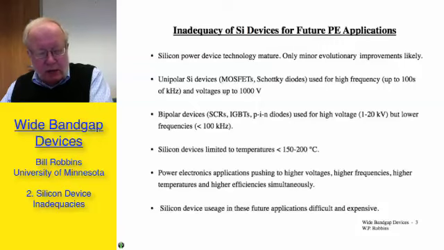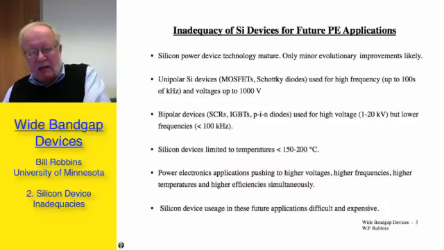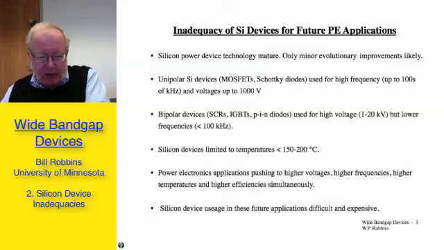But to go higher, you have to use bipolar devices. Those include SCRs, IGBTs, PIN diodes, field control thyristors, and they are used in the range of 1 to perhaps 20 kilovolts, but with lower switching frequencies, well under 100 kilohertz in most cases. Furthermore, silicon devices are limited to temperatures of 150 to 200 degrees maximum at their junction temperatures.